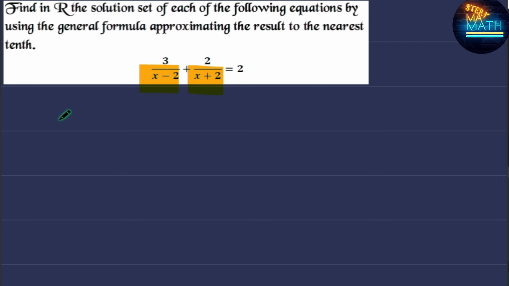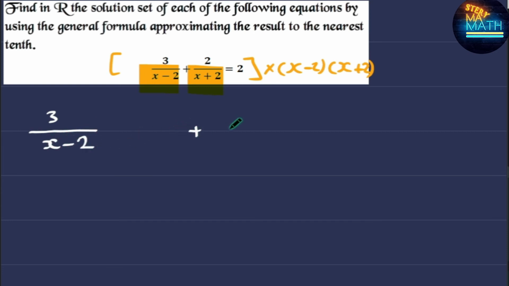Yeah, you are right. To cancel these denominators, we have to multiply by all of them: x minus 2 times x plus 2, which is the LCD, the lowest common denominator. So rewriting the equation: 3 over x minus 2, plus 2 over x plus 2, equal to 2.